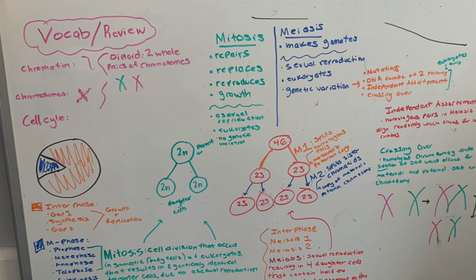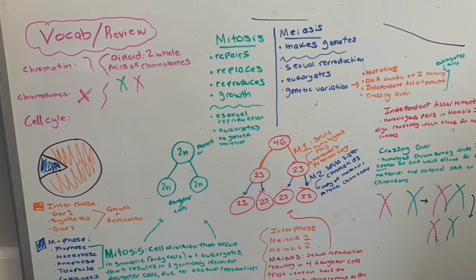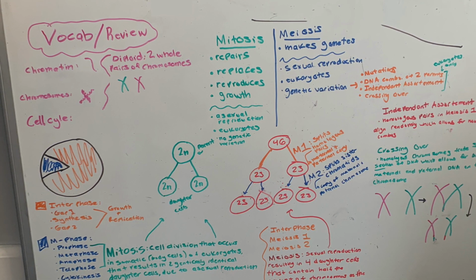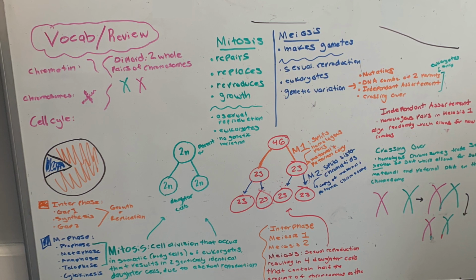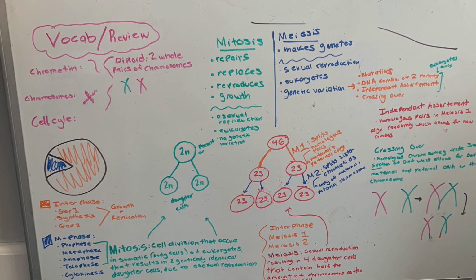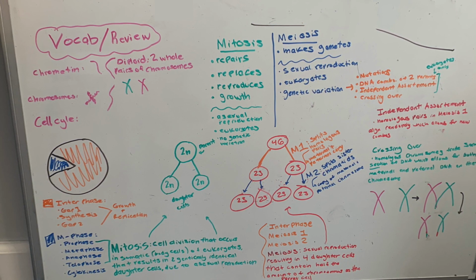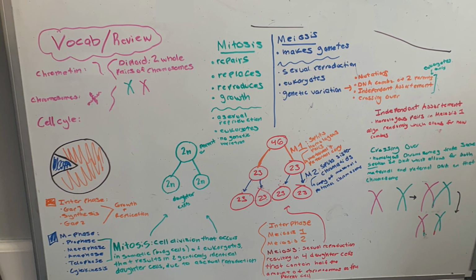And again, this is just our overall review. So mitosis is asexual reproduction that happens in body cells and results in two genetically identical daughter cells. Whereas meiosis is sexual reproduction that makes gametes and results in 4 daughter cells that have half the amount of chromosomes as the parent cells.